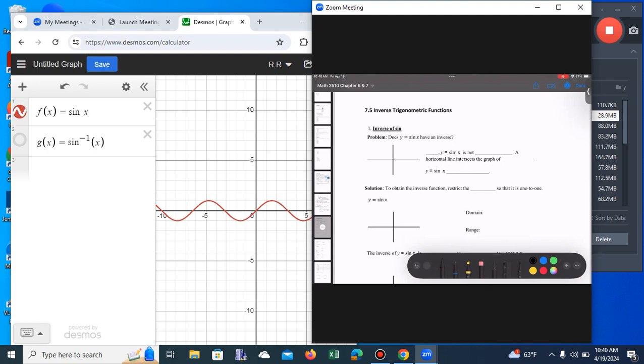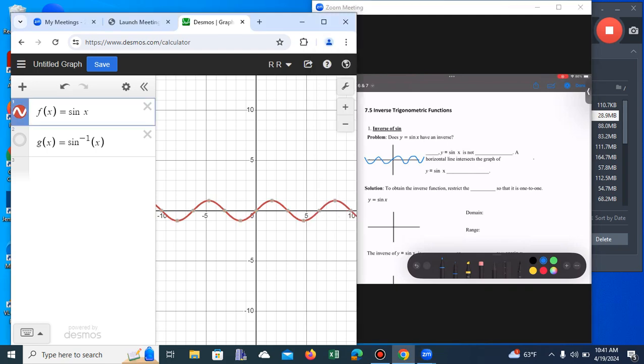We look at the sine graph. Sine is a function itself, but if we look at it, we notice it doesn't pass the horizontal line test. Sine does keep going as you go through. And so in order to have an inverse for it, we have to section it off or restrict the domain.